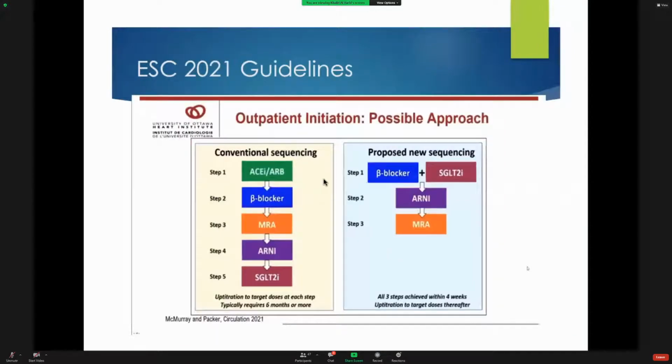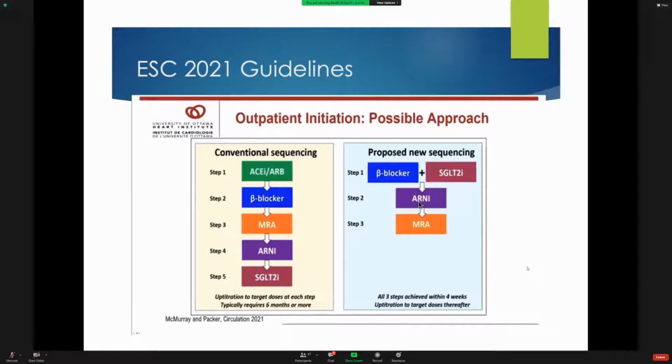Here, there is some possible approach. So this is the conventional approach. But now I think there is a lot of changes. Even this is in 2021 in Circulation. This is one of the best medical journals, or best cardiology journals, the Circulation. But I will go with this one.